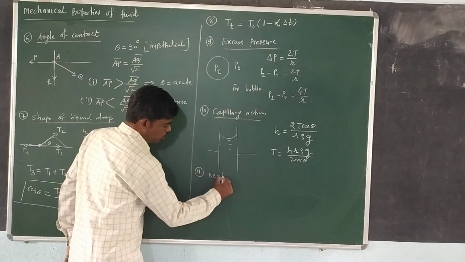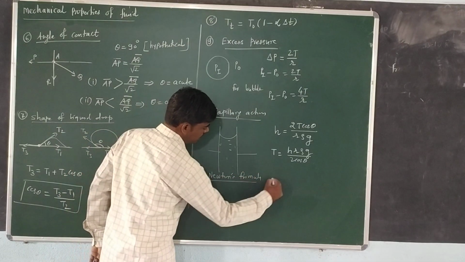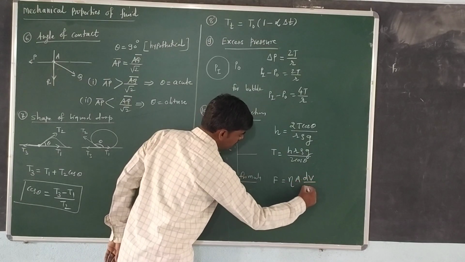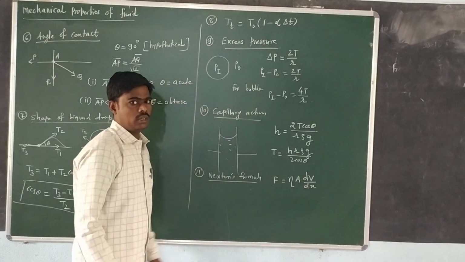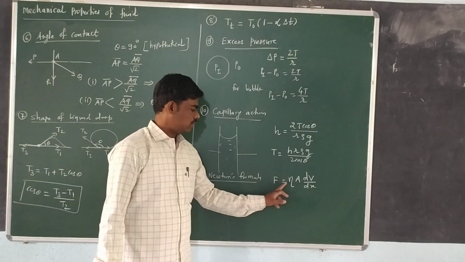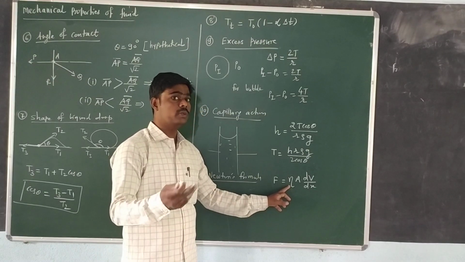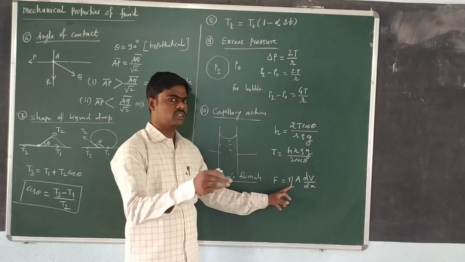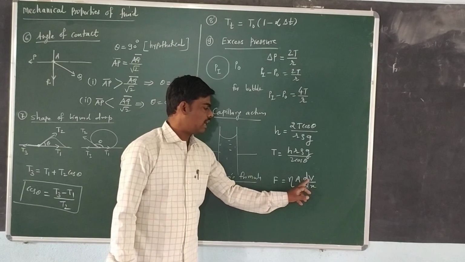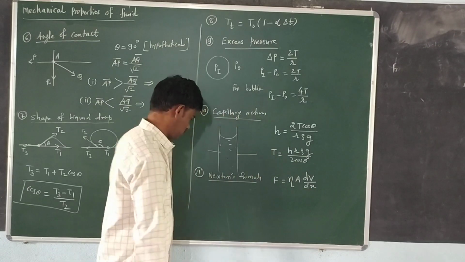It is Newton's formula: F is equal to eta A dV by dx. Remember here F is the viscous force, eta is the coefficient of viscosity, that is friction in liquid, A is the cross sectional area, and dV by dx is the gradient of velocity.